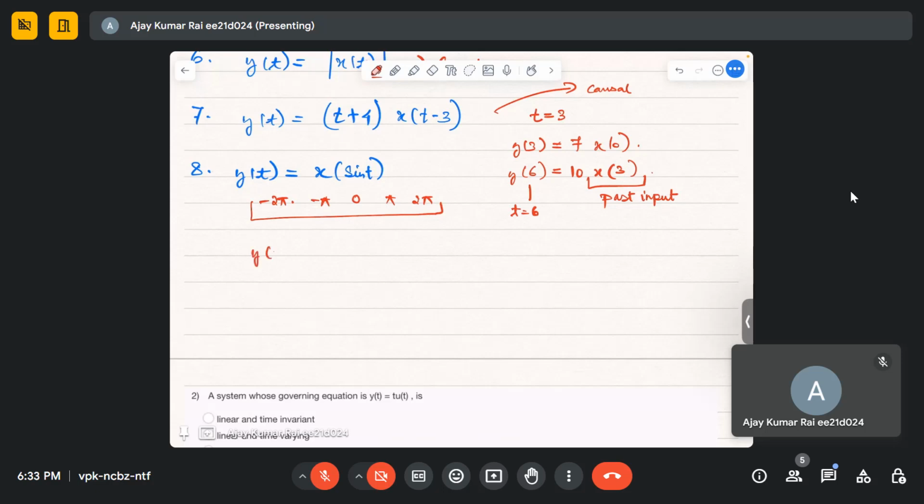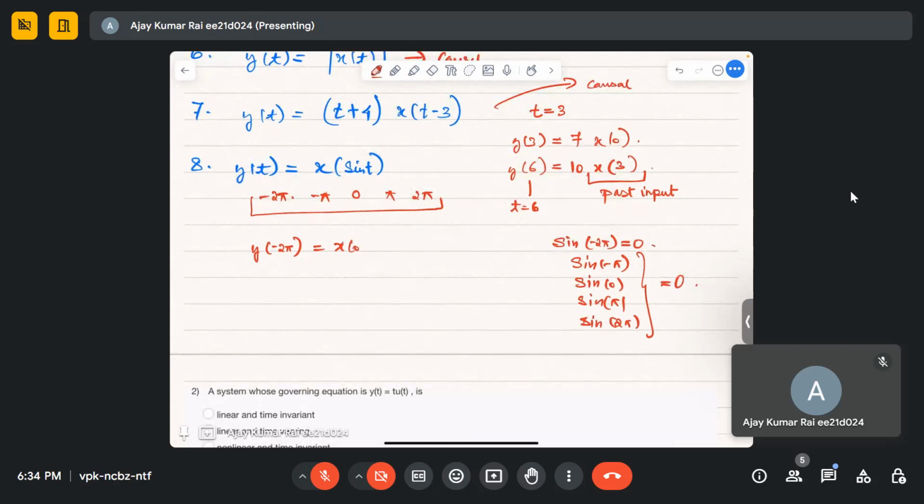So sine of minus 2 pi is equal to 0, right? And sine of minus pi, 0, pi and sine 2 pi, it's all equal to 0. Okay. So I have written this sine of minus 2 pi, which is equal to 0.